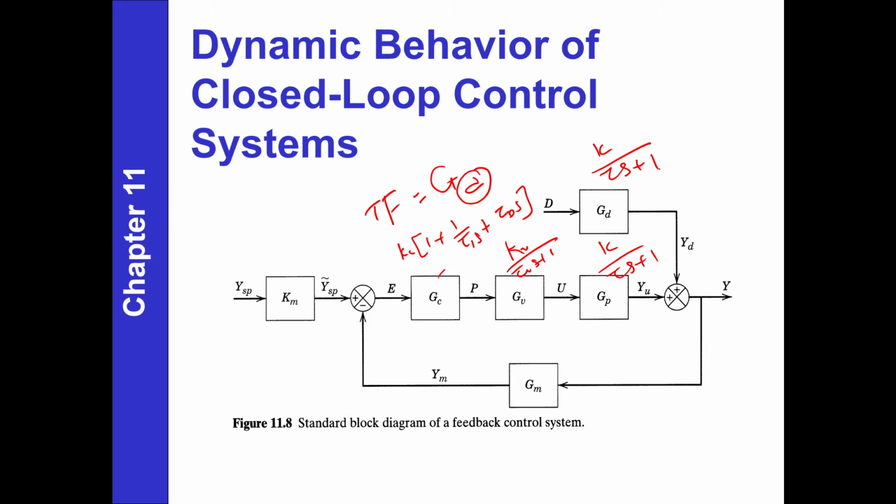And then for the transmitter, we have KM, because tau M is approximately 0. So each of these components has its own transfer function. What you need to do is simplify all these transfer functions into a closed loop transfer function.